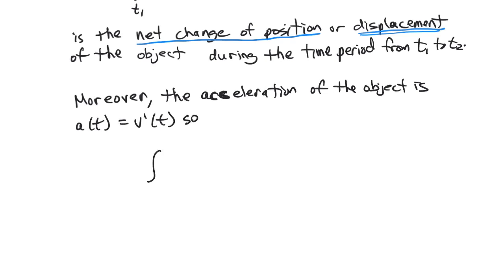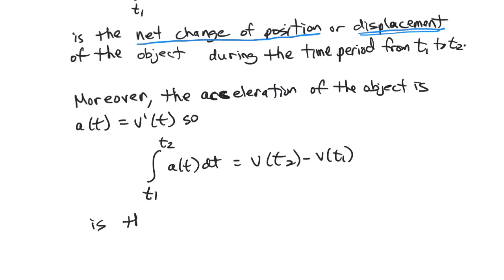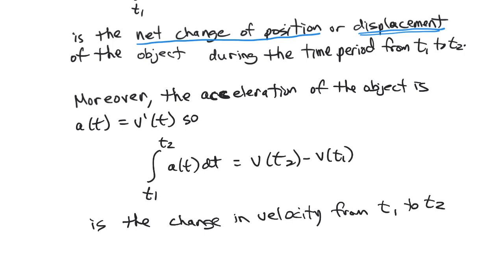So we've got another integral from time 1 to time 2 of acceleration of t dt, which is equal to the change in velocity. So velocity at t2 minus velocity at t1 is the change in velocity from time 1 to time 2.